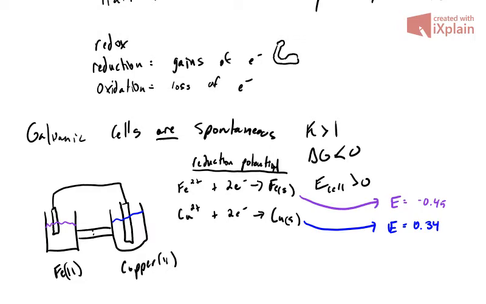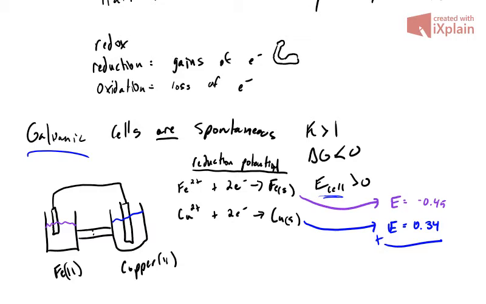Now, if these two metals were to form a galvanic cell, then its total cell potential would have to be positive, right? So we have to rearrange these equations to give a positive E cell, a positive cell potential, when we add these two numbers.